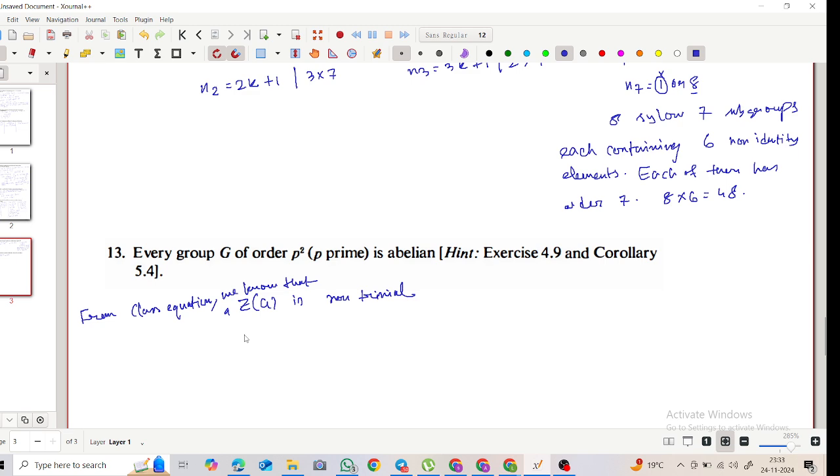This was done in probably the first or second class. So G mod Z(G) is p or p square. If G mod Z(G) is p square, then G is equal to Z(G), which implies G is abelian.